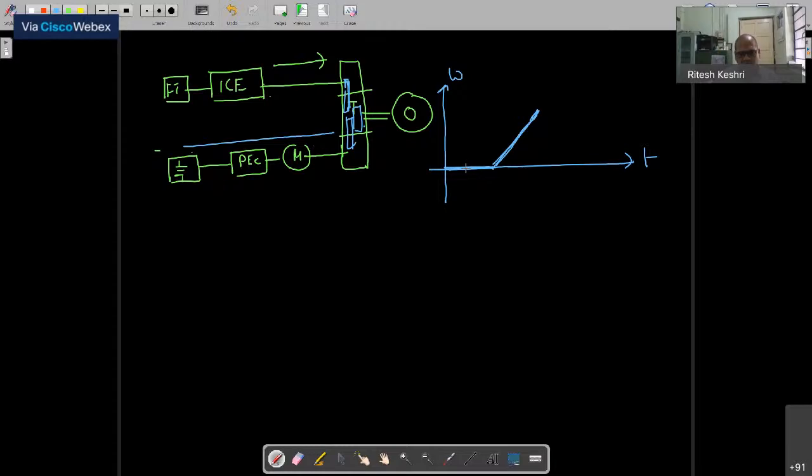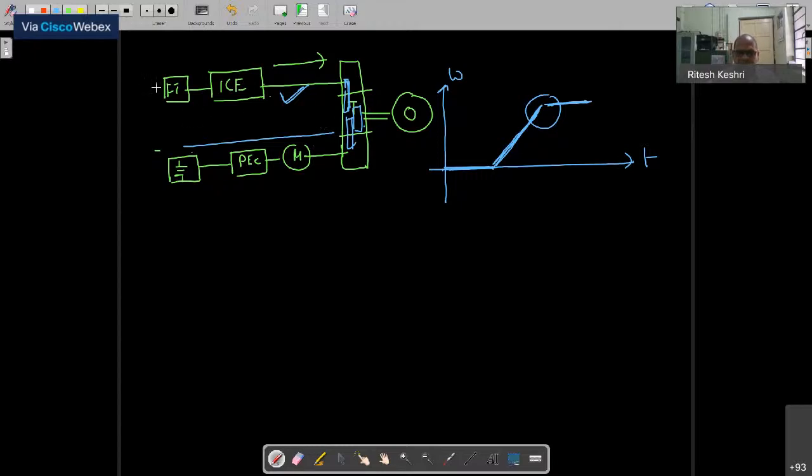So in micro you only start your vehicle and then stop it. In mild you start it, then you accelerate up to some extent, and then finally when you reach the top position of the speed profile, you hand over the transmission of active power to the IC engine. So that is called mild hybrid.